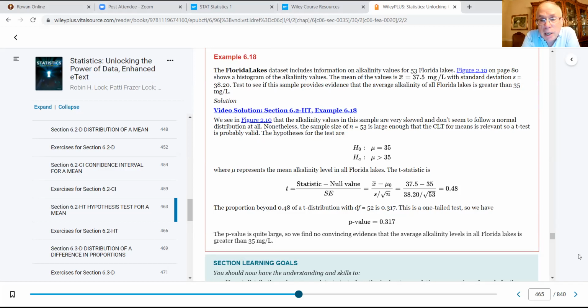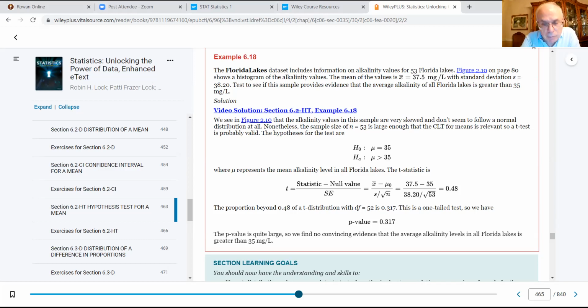That's the X bar. And the standard deviation is 38.2. Now, what is the sample size? It says 53 Florida lakes where we measured the alkaline level for those 53 lakes. So that means the sample size is 53. N is 53, X bar is equal to 37.5, and S is equal to 38.2.